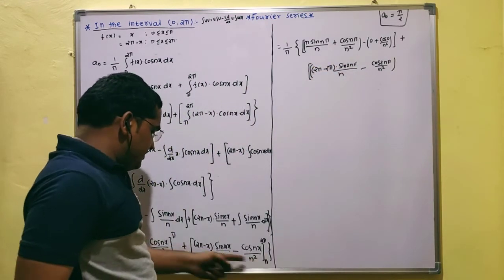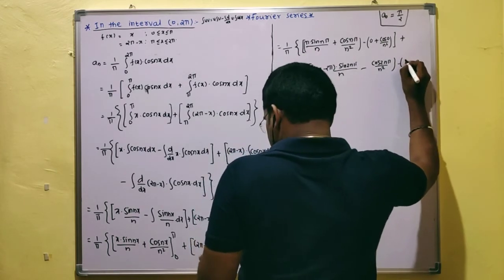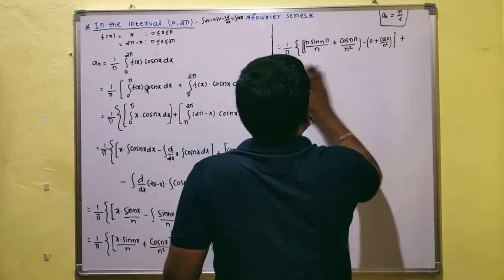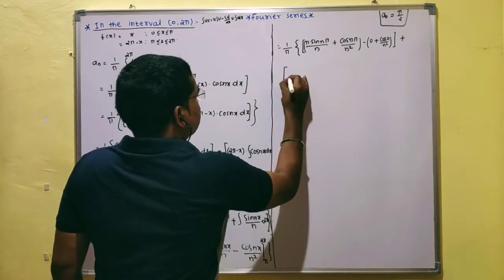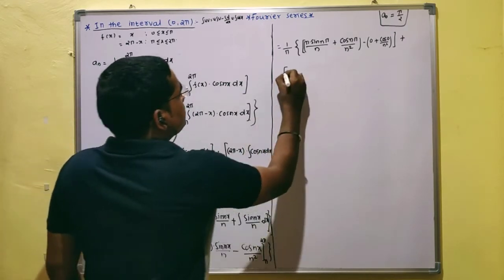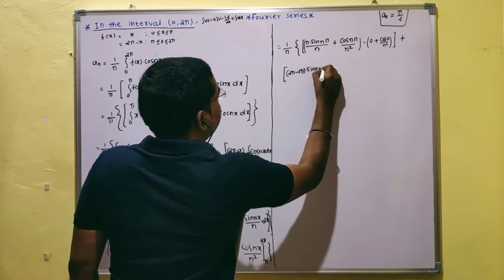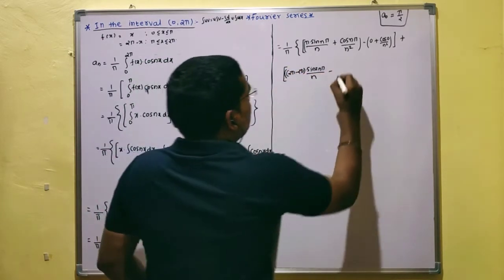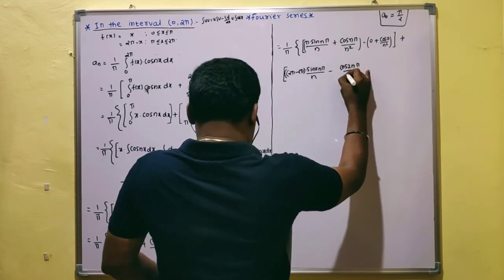And now for this lower limit, by putting π, minus. We put the limiting value here. Now when putting the limiting value, 2π minus 2π, what is this value? It is 0. This is 2π minus 2π into sin 2nπ divided by n, minus cos 2nπ divided by n square.